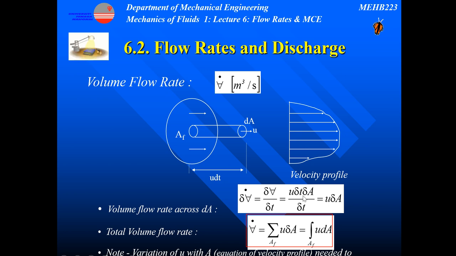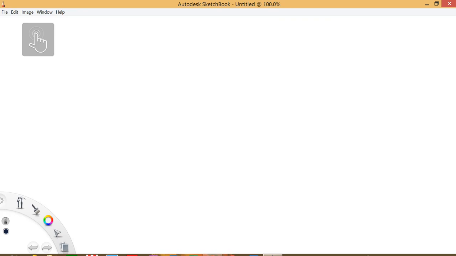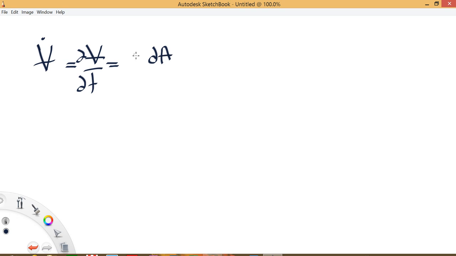If you see here, volume divided by time, you get U delta T delta A divided by delta T. Basically you get U delta A. So I will write this. Volume flow rate is basically volume divided by time. Volume is area times distance. Let's say L is the distance.